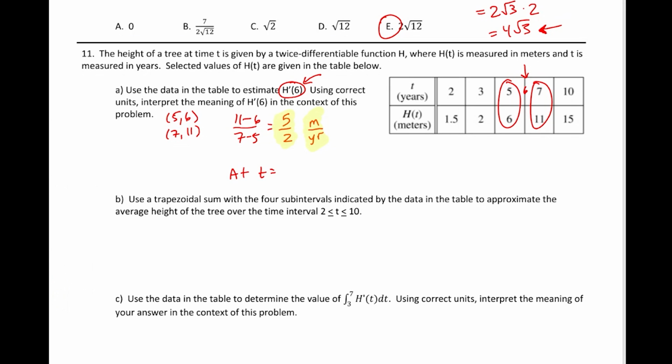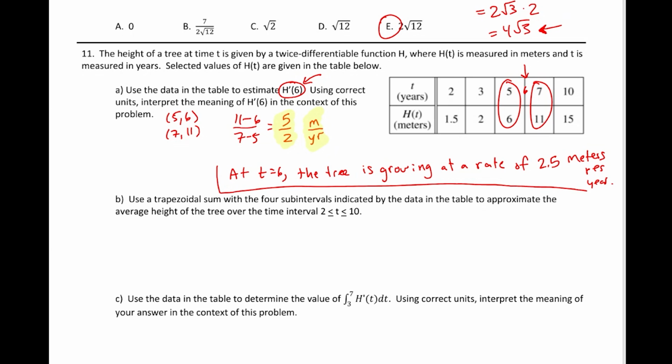At t equals 6, the tree is growing. We know it's growing because the rate of change is positive, at a rate of 5/2 or 2.5, either one's fine, meters per year. So that's like the full-on explanation.